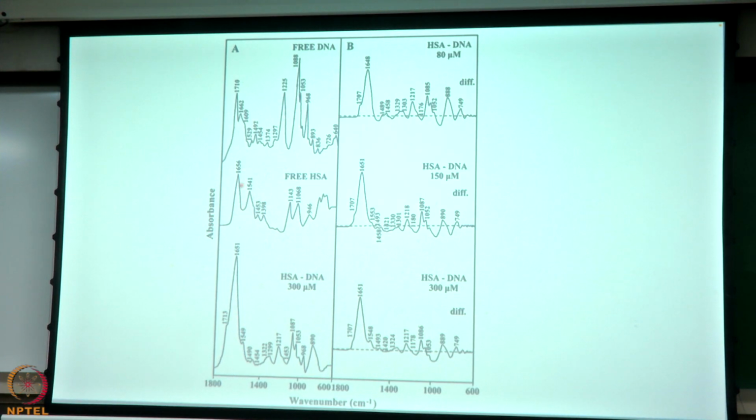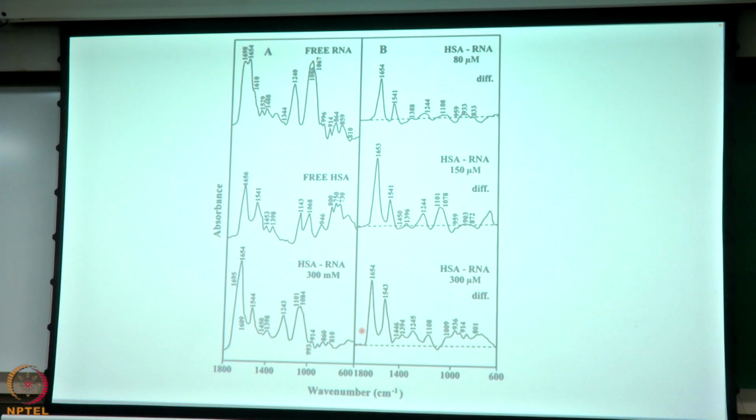So one can see that because of complex formation, some peaks are shifting and forming at 1300. Right. You can even subtract and take a difference. So just the HSA DNA difference you can plot. Like what we are doing, just increasing the concentration and plotting the difference, and you can find out that change is happening and that change shows that these are forming a complex.